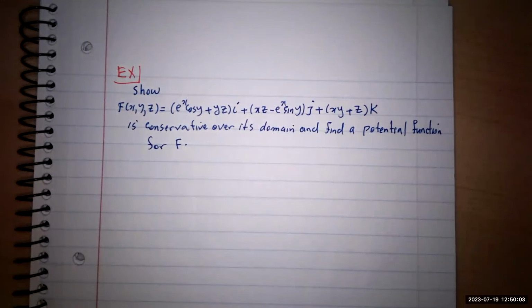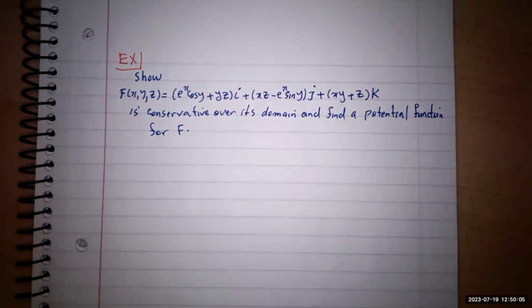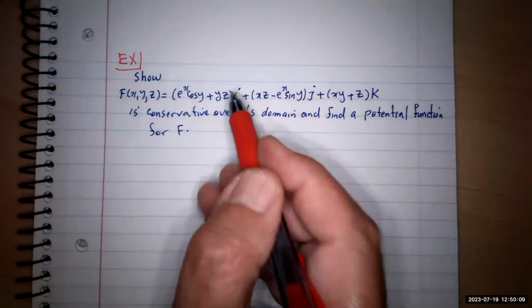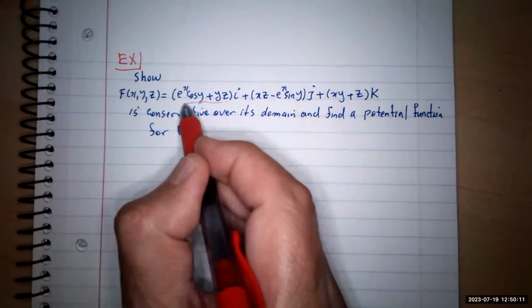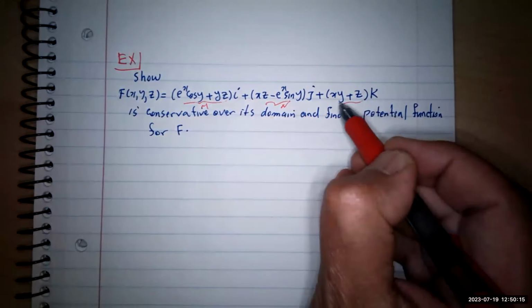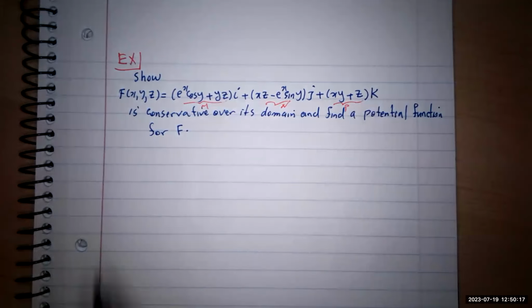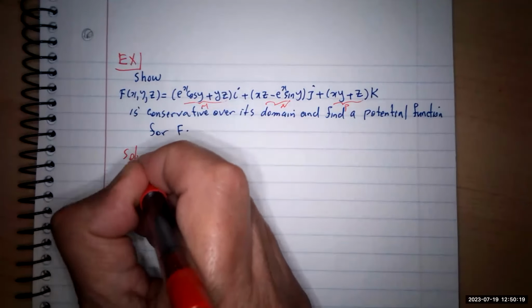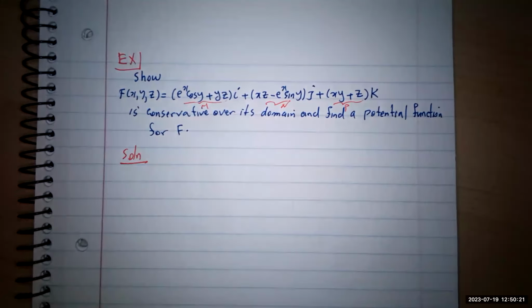Okay, they ask you to show, so we check the condition first, and then we go for it. You know that this is going to be the standard notation that we use, M, N, P. So bring them down here because you need them.